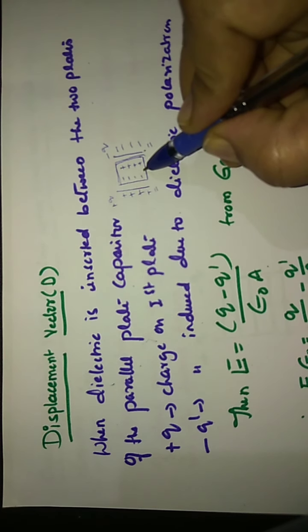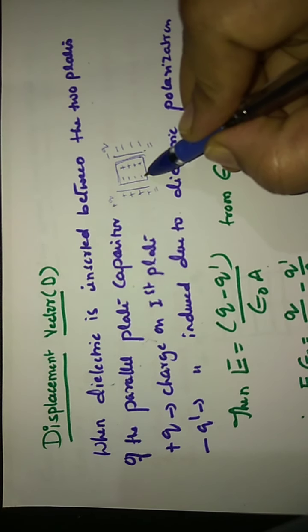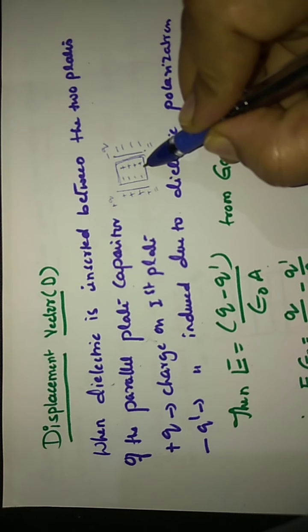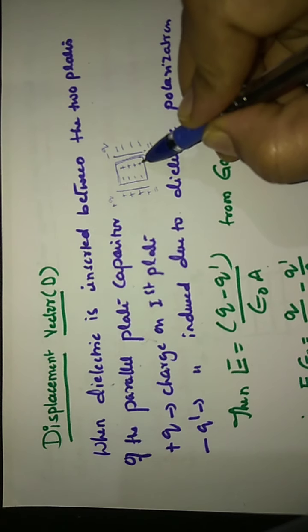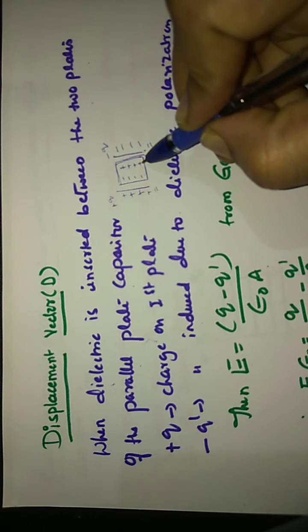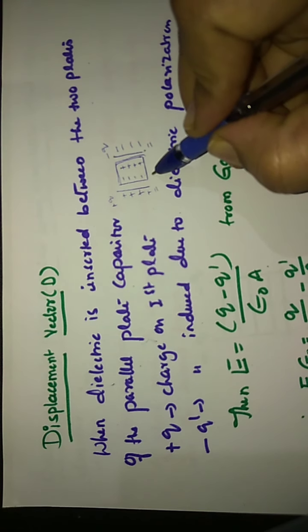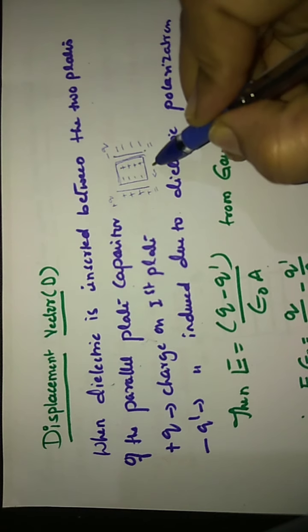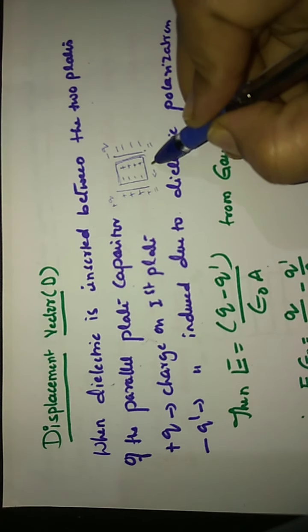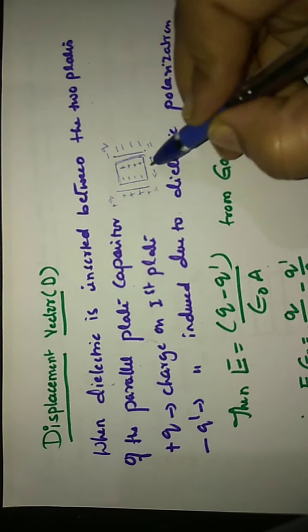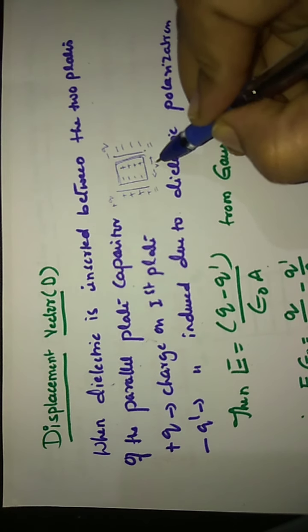All the negative charges in the dielectric material will get displaced towards the positive plate, and all the positive charges will get displaced towards the negative plate. So this is called dielectric polarization. Because of this change, a potential difference is created inside the dielectric material.